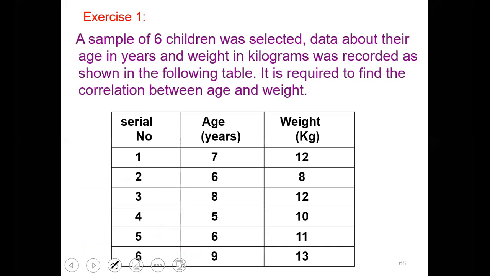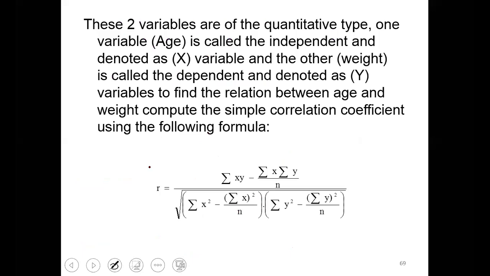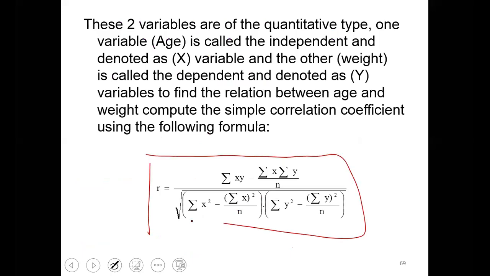So this is our example. We have already calculated the values, right? X and y, then the cross product of x and y. So we have done all these calculations. This is the expansion of that, right?